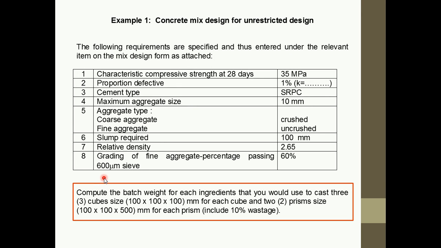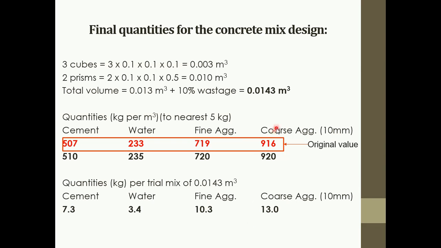After we get all our material content, the proportion of our concrete mix design, then you have to compute the batch weight for each ingredient to cast 3 cubes and 2 prisms, including 10% wastage. To calculate this, first you have to calculate the volume.